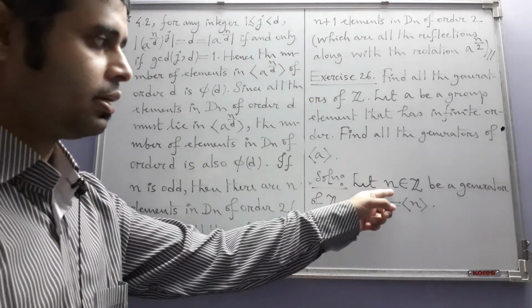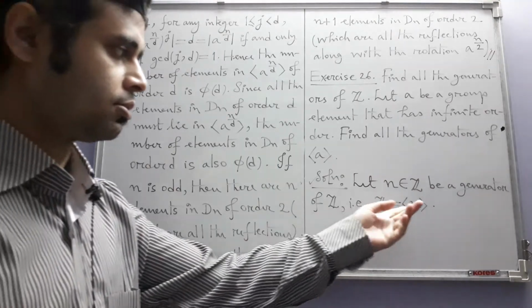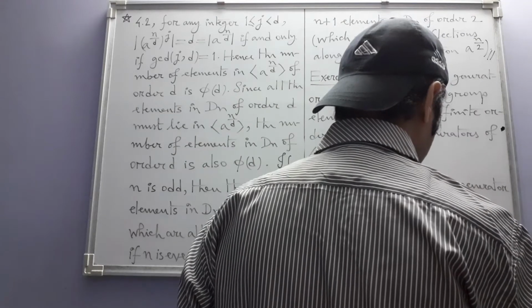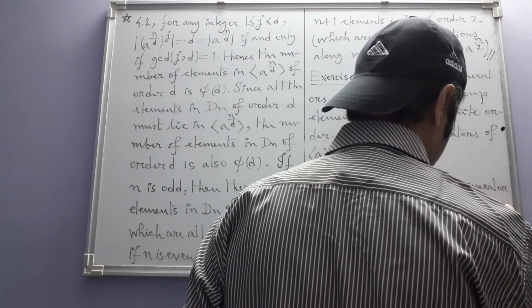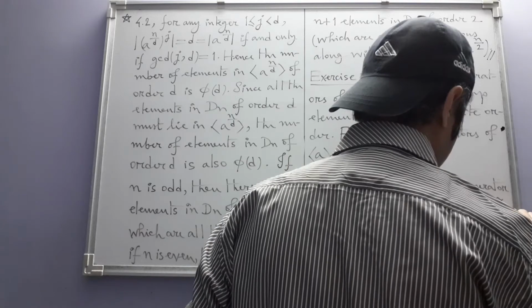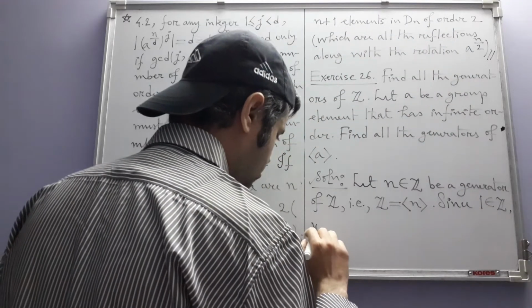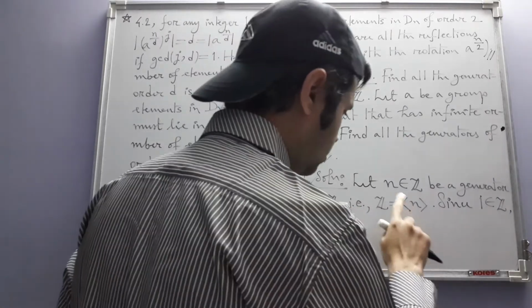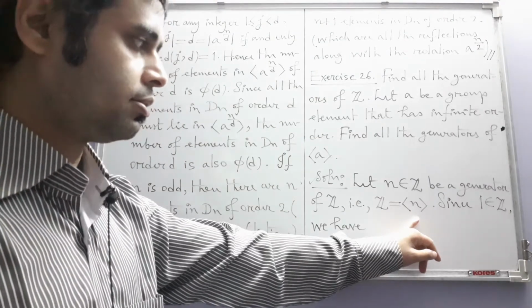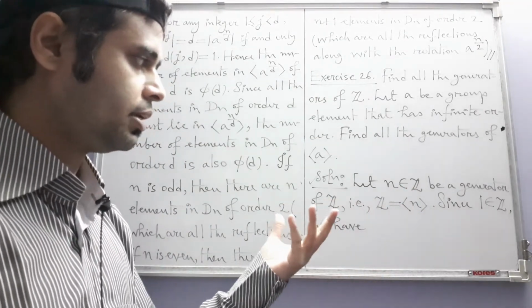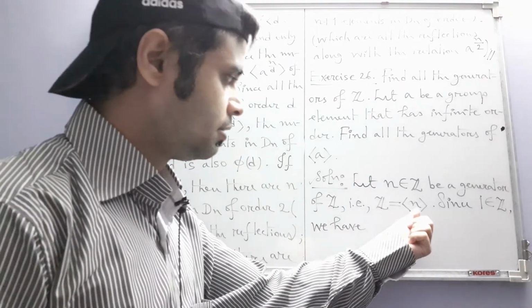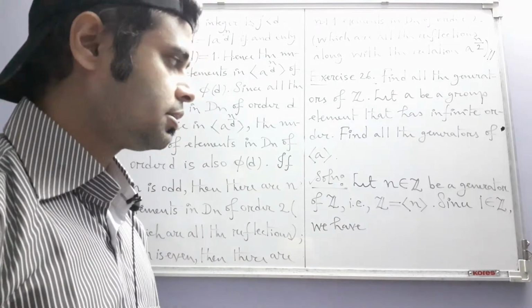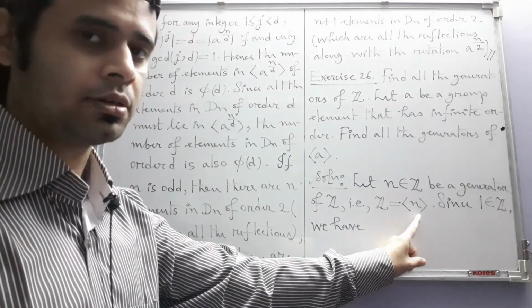We have considered n to be some generator of Z, so it may be a negative integer also. Since 1 belongs to Z, according to the definition of this cyclic group, and because the operation here is ordinary addition, this cyclic group is the set consisting of all integer multiples of n.